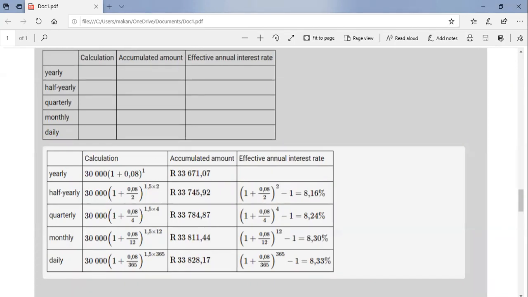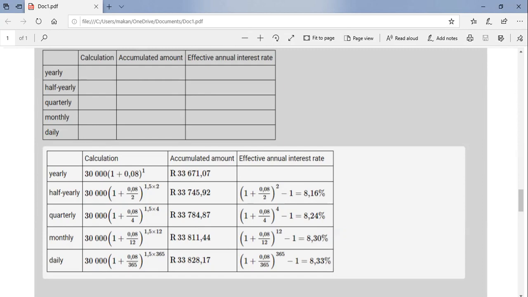This effective annual interest rate will also increase as you move from annual calculations of interest to daily. So there's quite a huge difference between calculating the interest on a daily basis as well as quarterly and, of course, yearly as well.